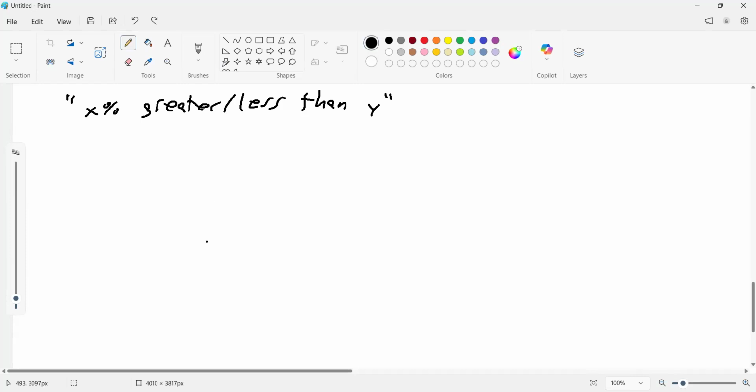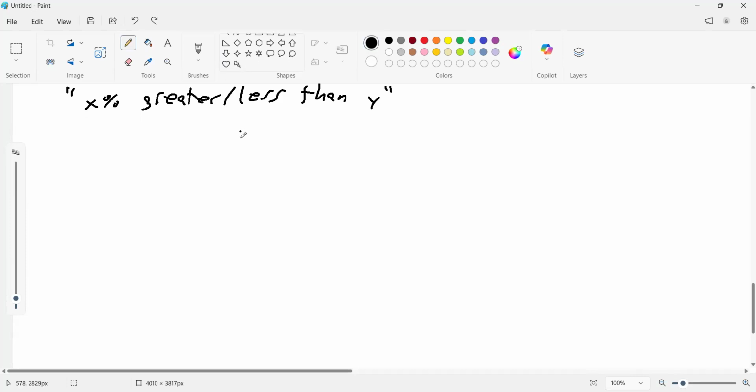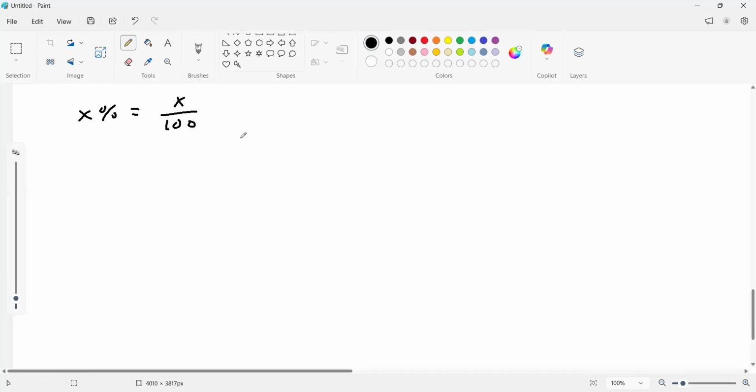So that's kind of the summary of everything. If you had to write one whiteboard with all of the concepts on it, it would be kind of it. It would be that X% is the same thing as X per 100.